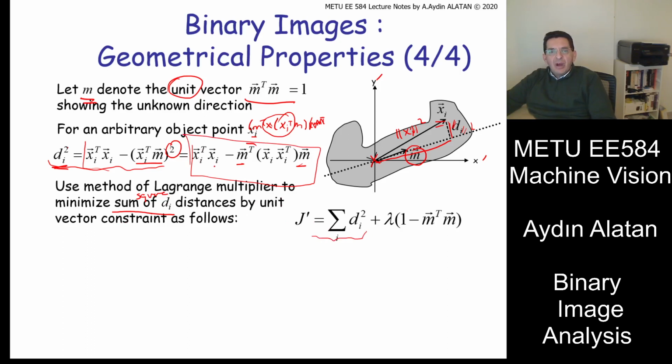Now I am trying to minimize this with this constraint. This is called constrained minimization. If you look at our background notes in the optimization class, you will see the concept of the Lagrange multiplier. This equality constraint is added as a term with an unknown parameter lambda, the Lagrange multiplier, and you minimize these two together, not just the first term.